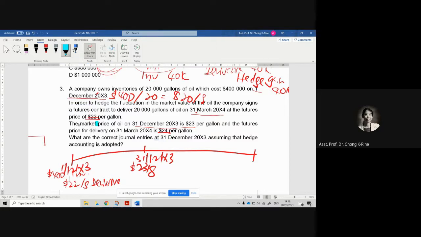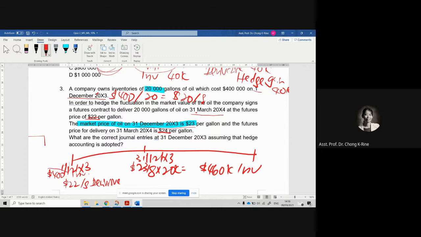The market price of oil on 31st of December is $23 per gallon, and remember, we hold 20,000 gallons. So $23 times 20,000 units is equal to 460,000. That's our inventory. Can you see or not?